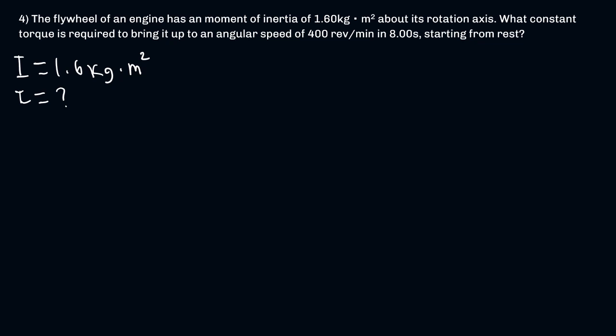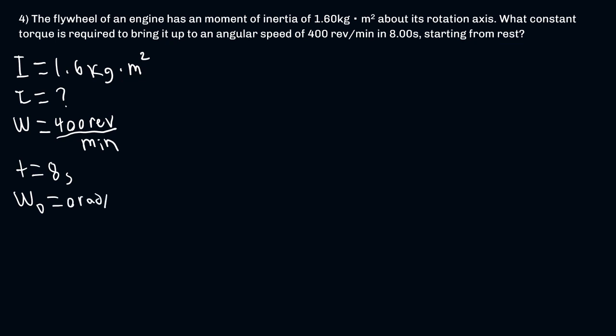Is being required to bring it to an angular speed of 400 revs per minute. So we're going to write this down, and this is my final angular speed. 400 revs per minute, and we're going to deal with that in a second. It says 8 seconds, so we have a time here of 8 seconds. And it says we are starting from rest, so our initial angular velocity is 0 radians per second.